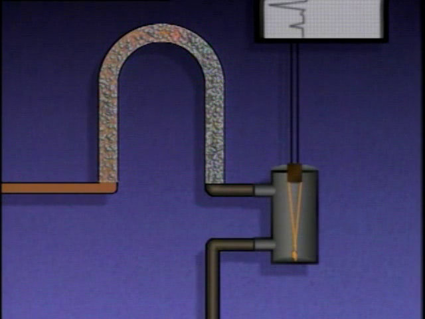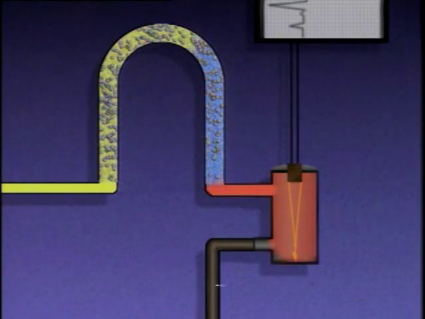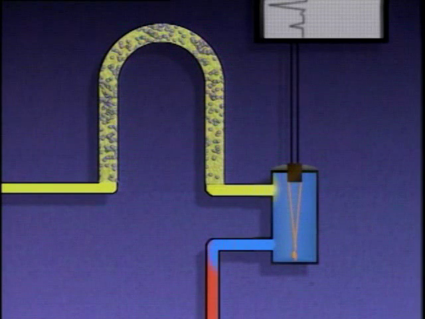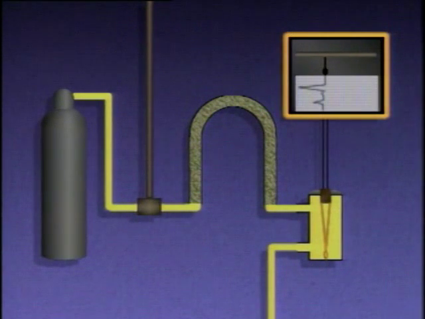The separated gases then leave the column with the carrier gas and flow through the thermal conductivity cell. The identity and the concentration of each individual gas can be determined by how long it takes the gas to flow through the column and by its effect on the thermal conductivity cell. The recorder provides a visual indication of these measurements. The carrier gas is taken into account when these measurements are made.